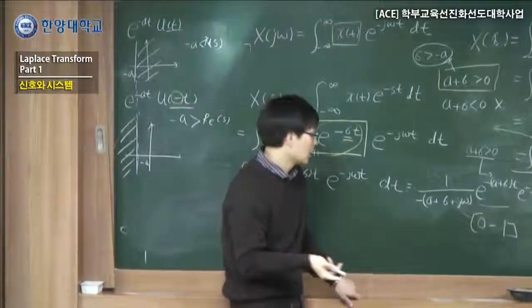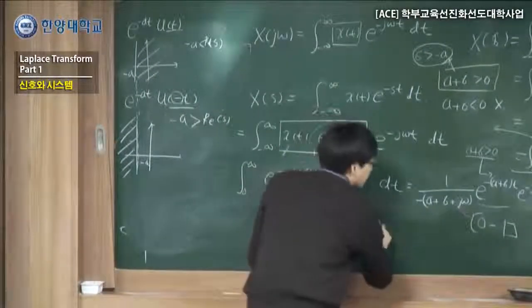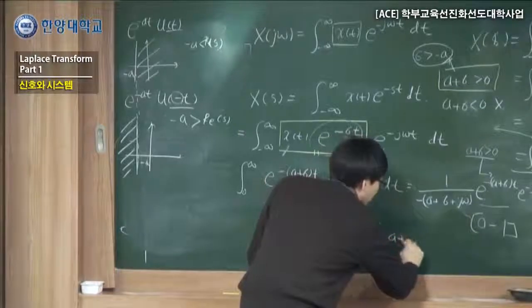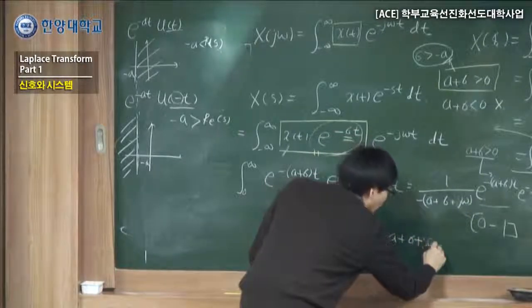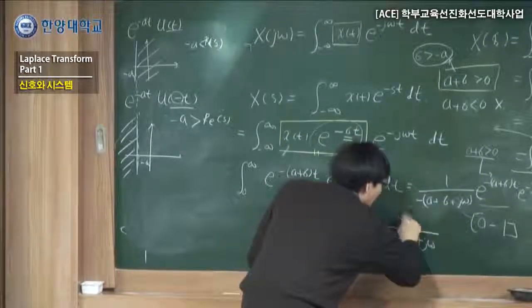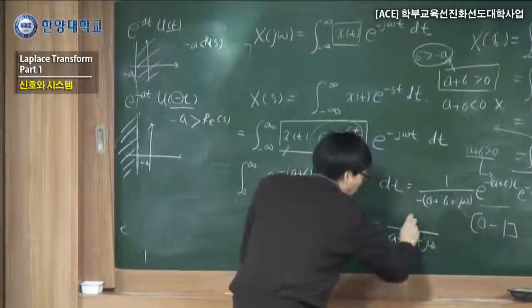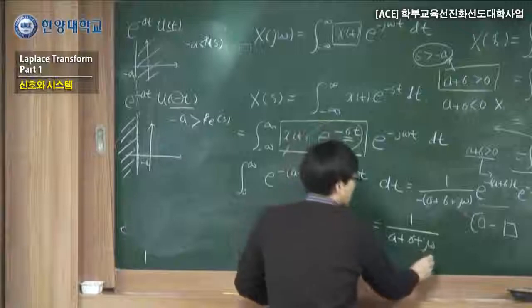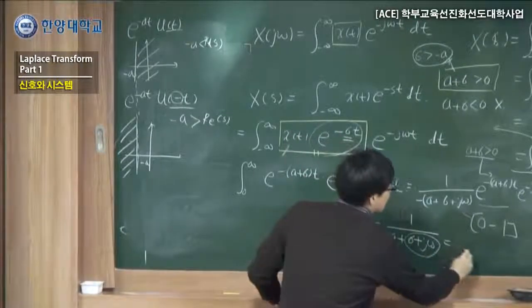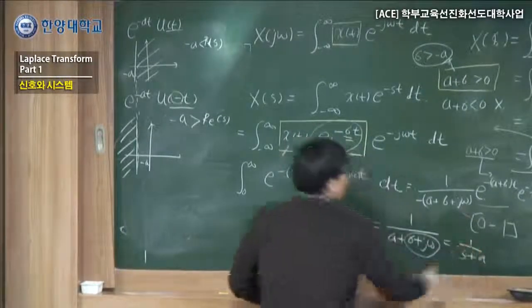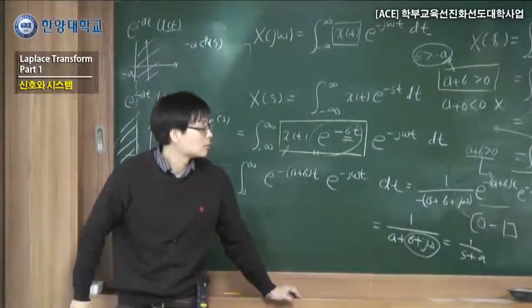Similar to our previous example, the result is 1 over a plus delta plus j omega, and the minus will be cancelled by the minus over 1. This is what? This is s. So 1 over s plus a is the result.